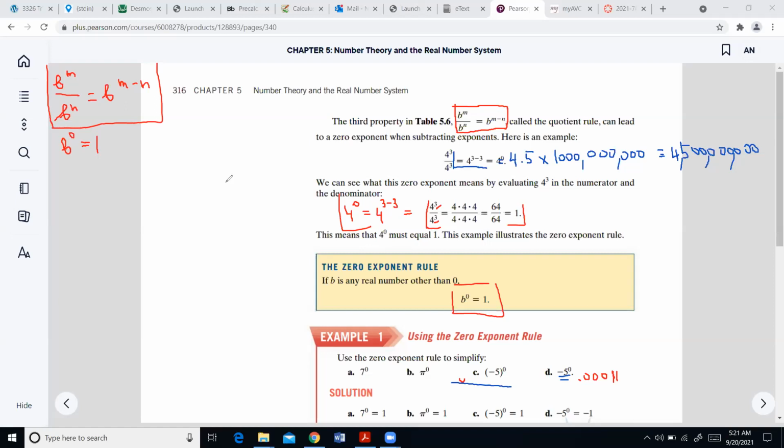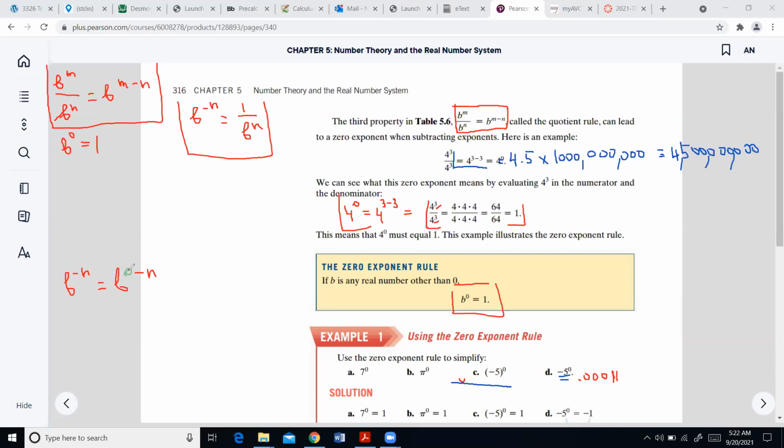There is another popular property that talks about negative powers, such as b to the power of negative n, which is the same as 1 divided by b raised to the power of positive n. And one can wonder why this works. Let's take b, but instead of raising it to the power of n, I can put it as 0 minus n. Please notice that is still equal to negative n, right?